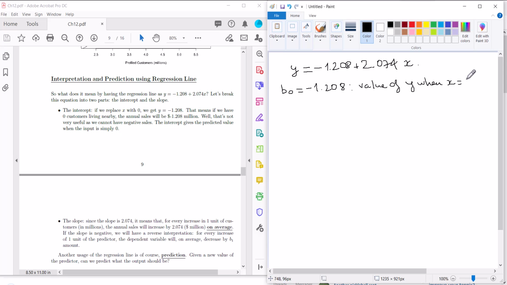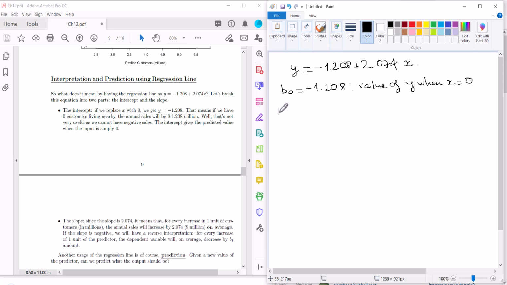Now, in the context of this problem, this one doesn't have much meaning because obviously you probably shouldn't open a store where it has no customers, right? But if you do, then you'll be at a loss. So you'll be losing 1.2 million if you do that. So this interpretation is not very helpful.